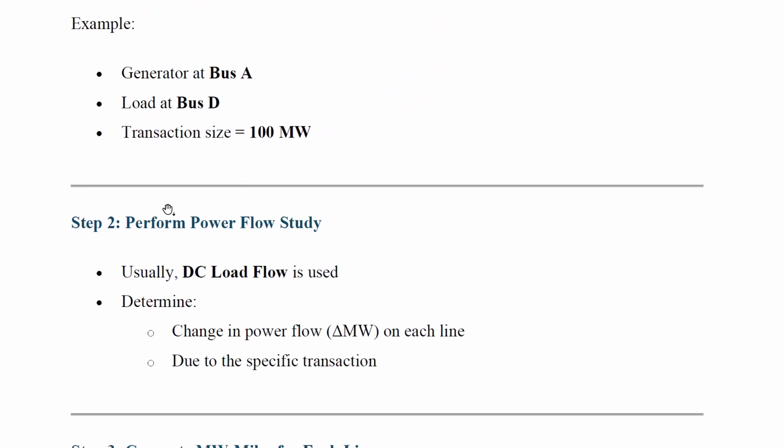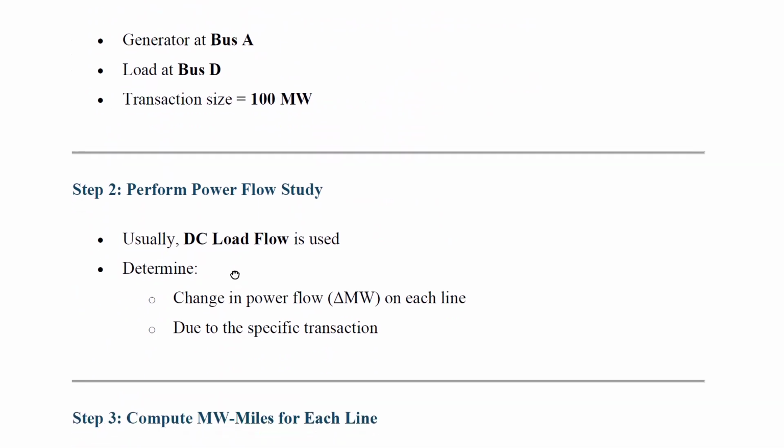Now you need to perform the load flow study. Usually a DC load flow study is used to determine the change in the power flow, which we take as delta megawatt, on each line due to the specific transaction.